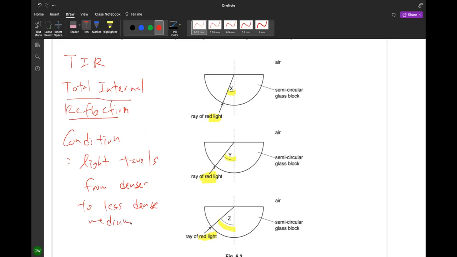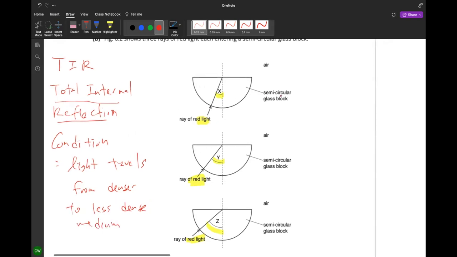Okay, where is the ray now? Is it in the glass block? Is the glass block denser than air? Is glass denser than this or not? The density of this one should be higher, right? Higher than this. So this one fulfills the first requirement.